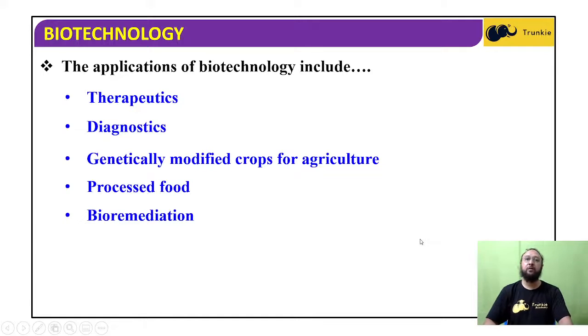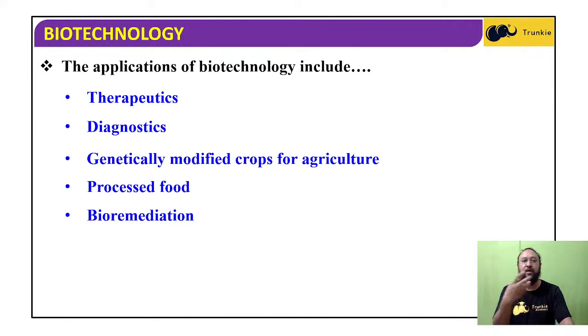Bioremediation is another important application of biotechnology. We know that there are many different kinds of water pollutants, sewage, and other kinds of water pollution that may be very harmful for aquatic bodies. Bioremediation changes that sewage or any water pollutant into different forms.